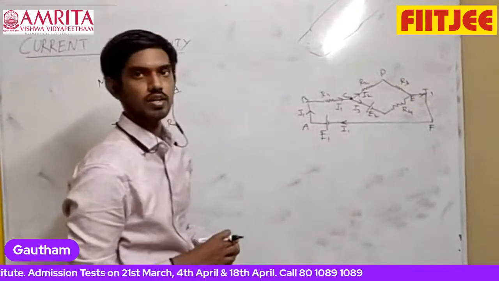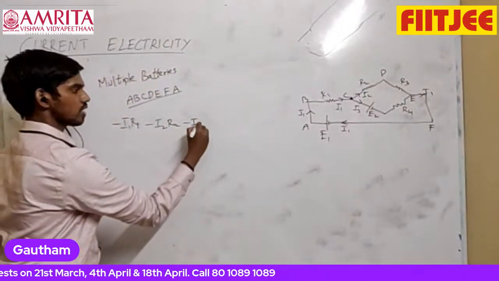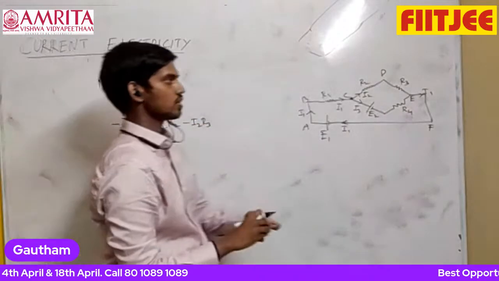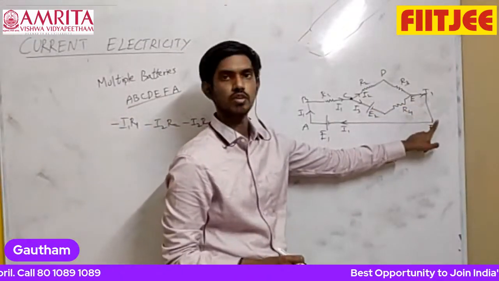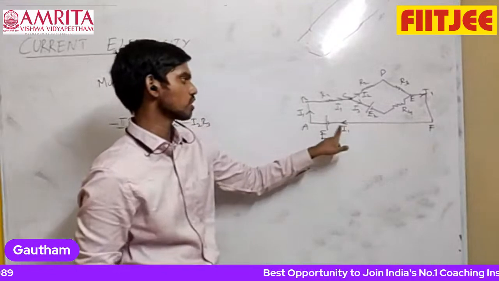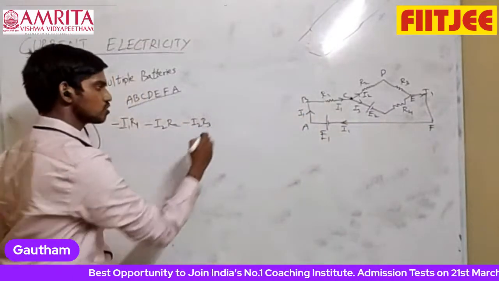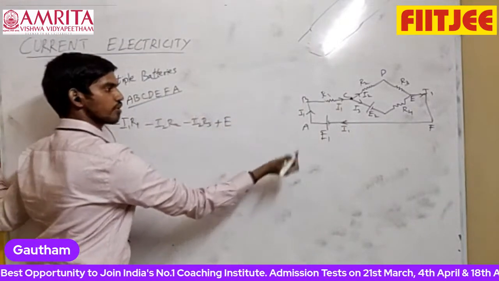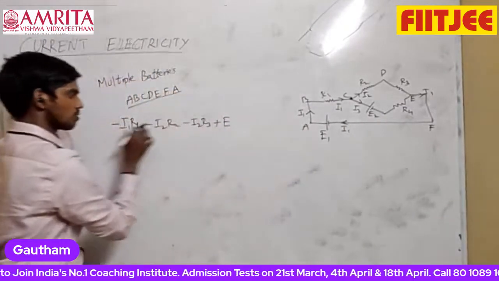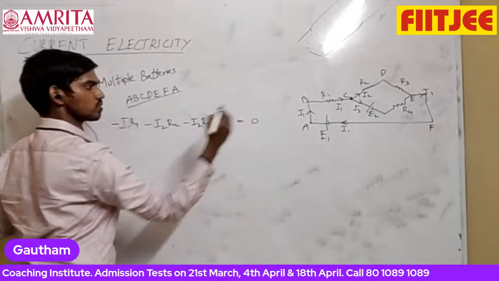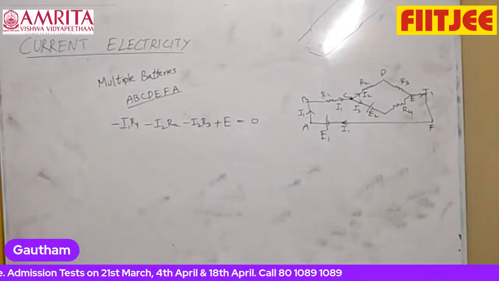Again along the direction of current, minus I2 R3. Then from E to F, no resistance, so no potential drop. You cross the battery from negative to positive terminal, lower potential to higher potential, so potential is increasing by E. You have come back to the same point A, so the sum of all the potential drops is equal to 0. This is for the first loop.